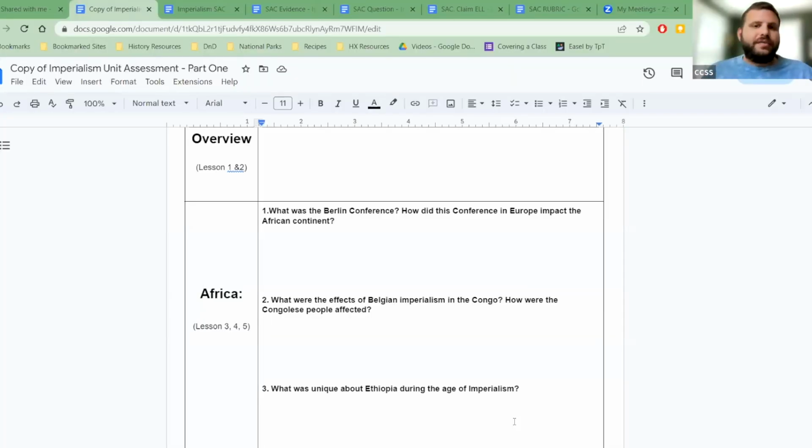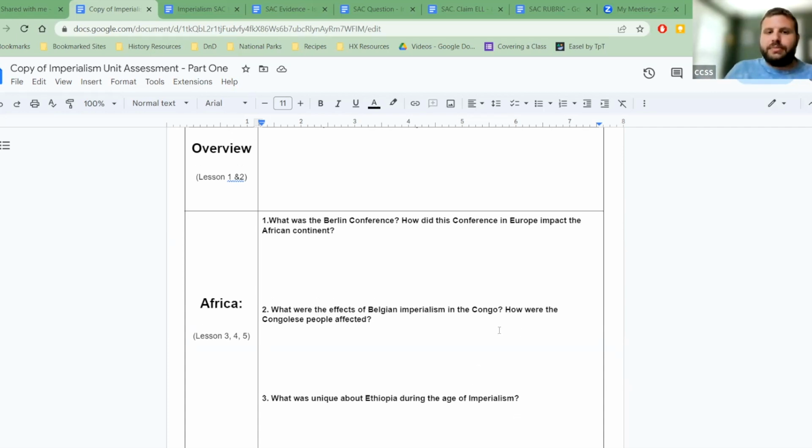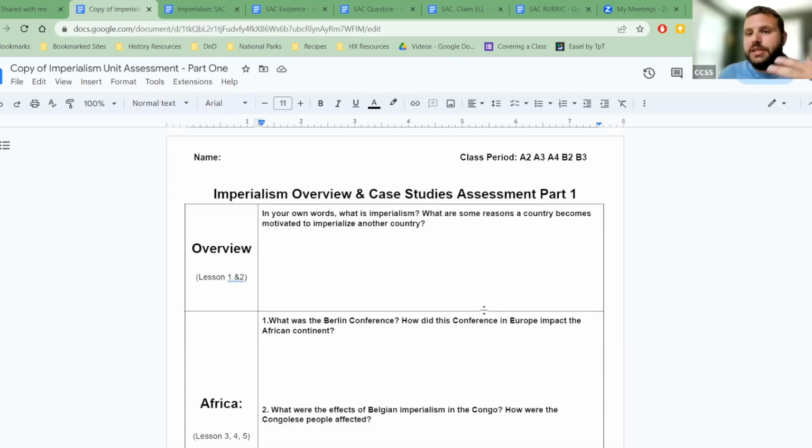So the first thing is really a recounting of our unit. All right. And I've done this in different ways, right? Sometimes I've done this as an on-demand part of a quiz or a test. Sometimes I've used this as a take-home study guide where students can bring this in as evidence.